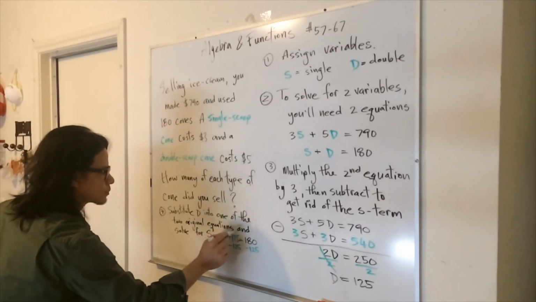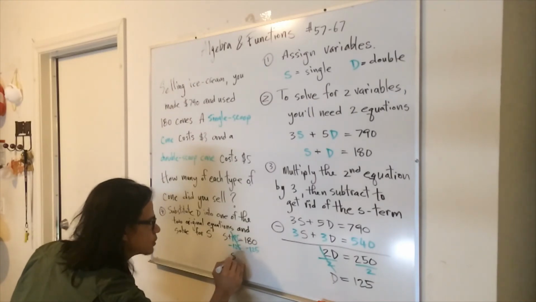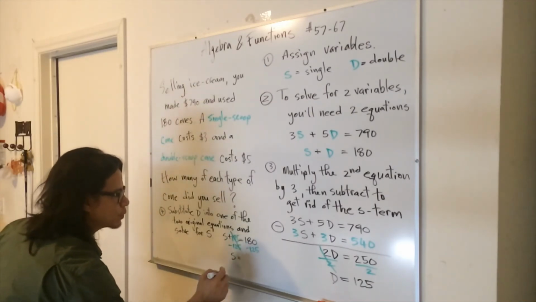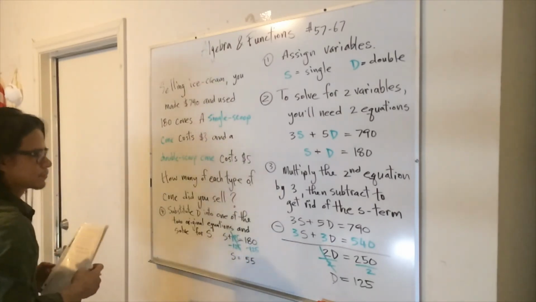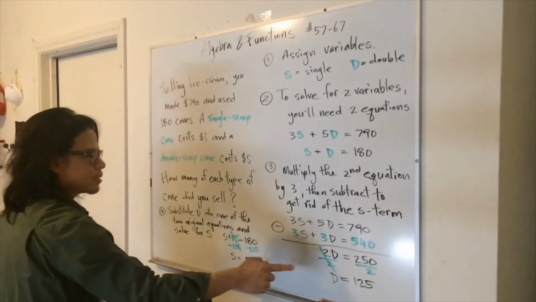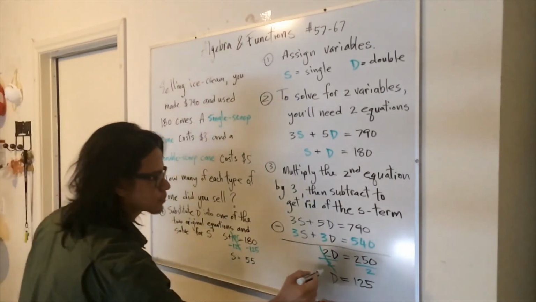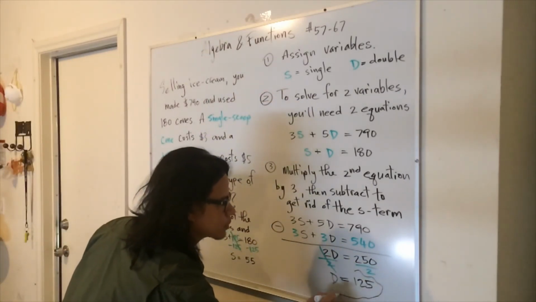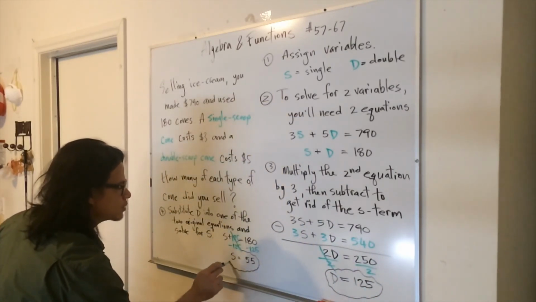Cancels out. Altogether, s is equal to 180 minus 125, so 55. Okay, then there it is. We sold 125 double scoop cones and 55 single scoop cones.